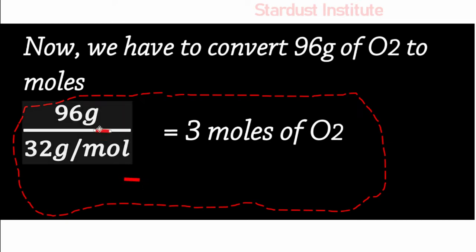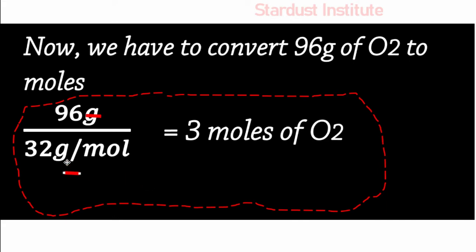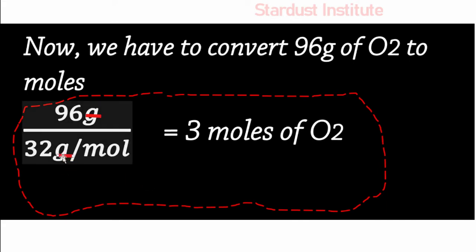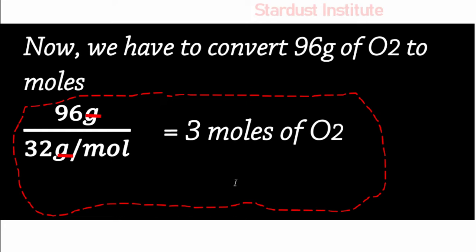We can cancel out gram. Then we get 3 moles of oxygen. We converted 96 grams of oxygen to moles. Now we get 3 moles of oxygen. But this is not our main answer.